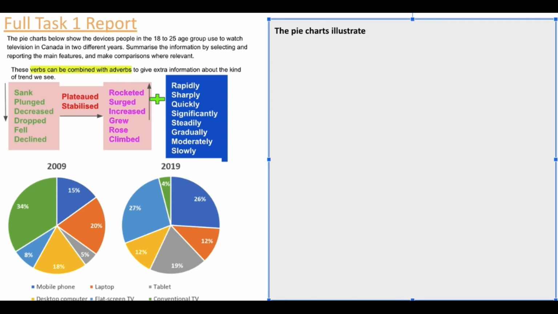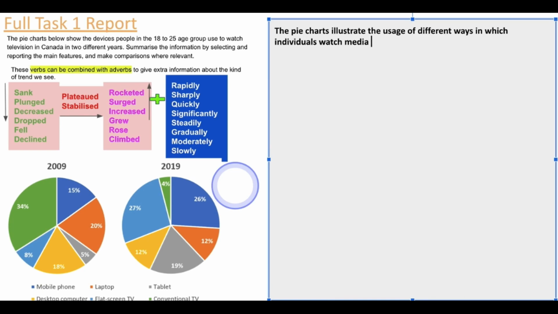The pie charts illustrate the usage of different ways in which individuals watch TV.